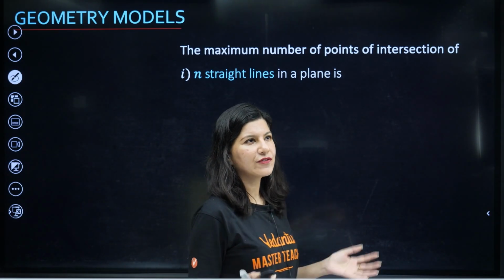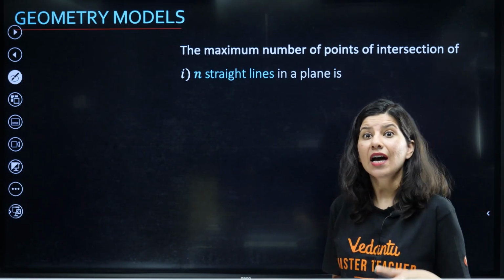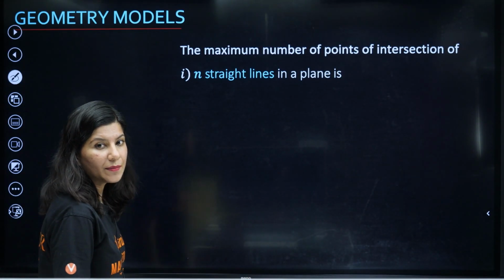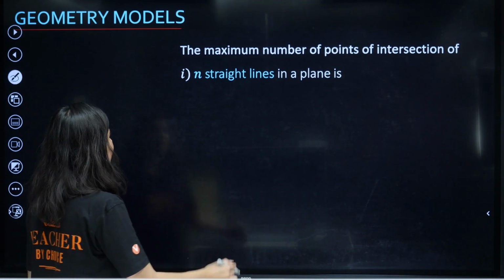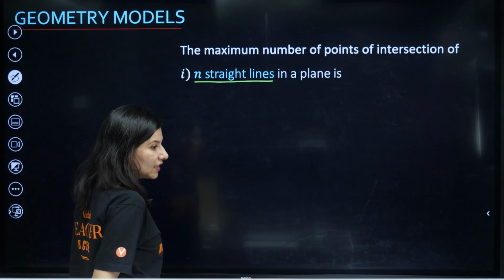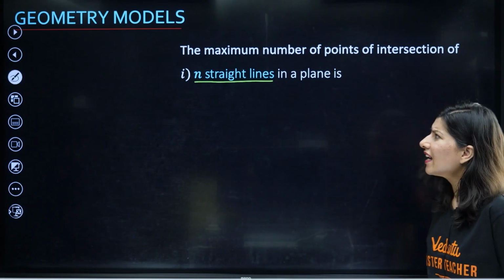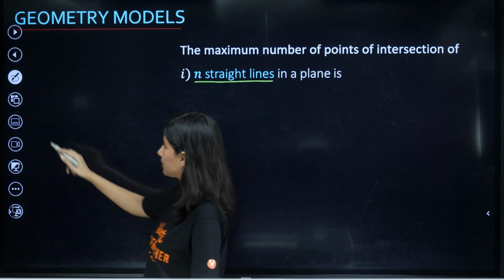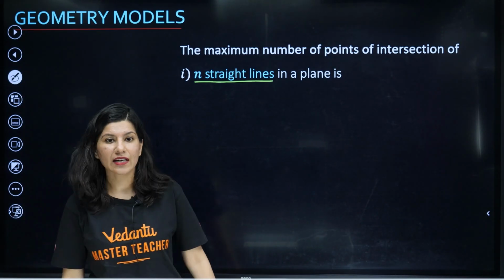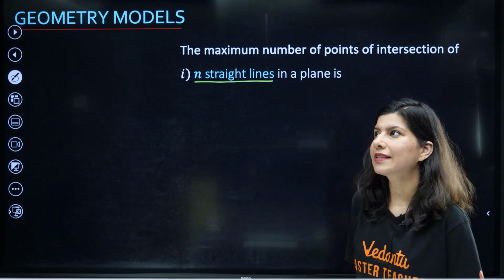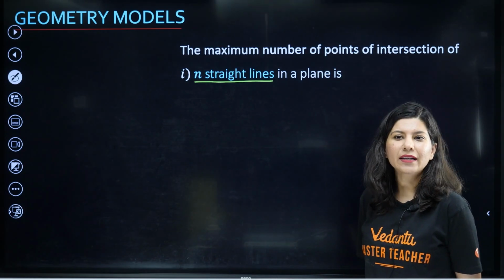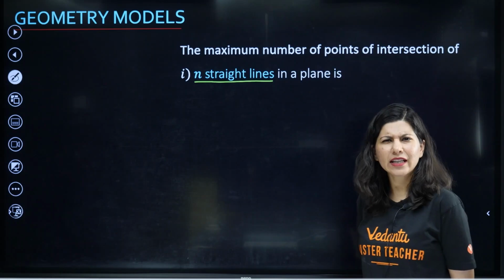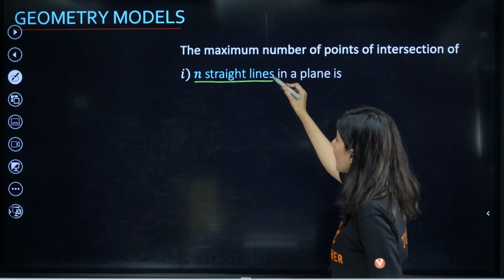Now, the number of intersections of 2 different figures: the number of intersections of straight lines, of circles, and of a straight line and a circle. The maximum number of points of intersection of n straight lines in a plane: if they are parallel, they will not intersect, but if they are non-parallel, they will definitely intersect, and we are looking for the maximum number.